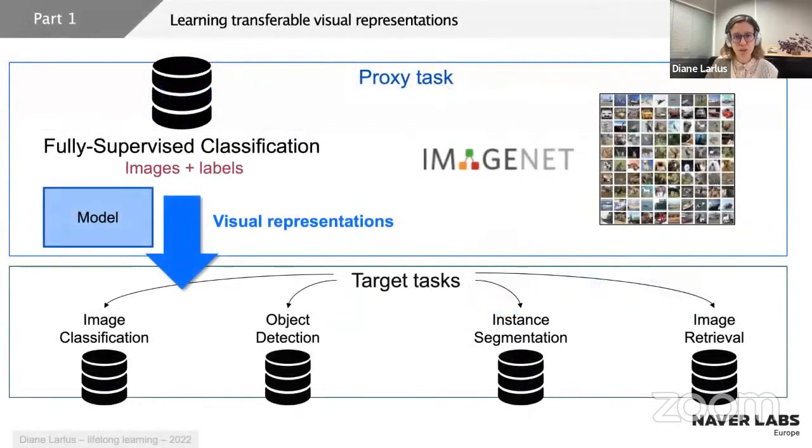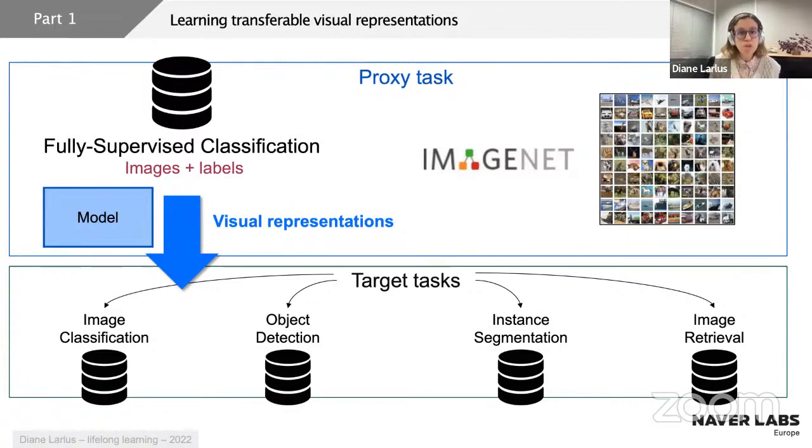So as discussed earlier, training from scratch is computationally demanding. Yet people have very quickly found out that models that are pre-trained on ImageNet are extremely useful starting points if you start tackling other computer vision tasks with fewer training examples, including other image classification tasks or object detection, instance segmentation, image retrieval, and many others actually.